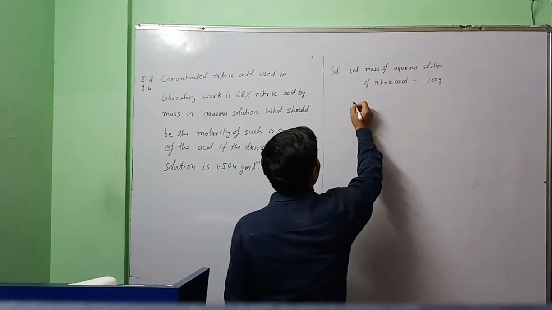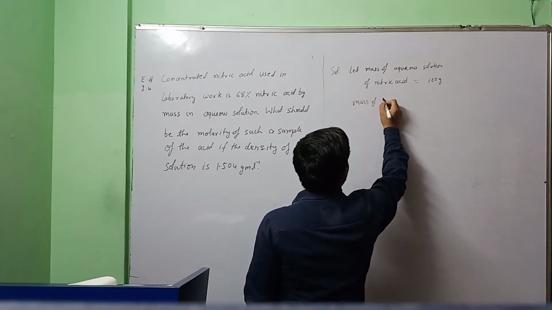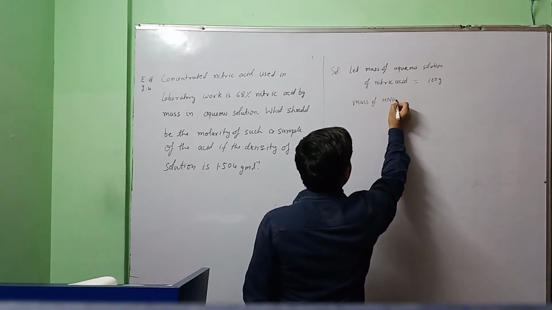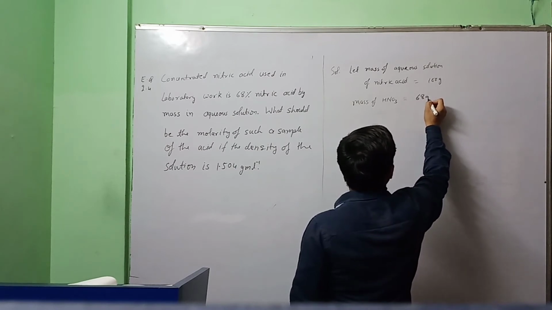Now mass of HNO3 nitric acid, this will be 68 gram.